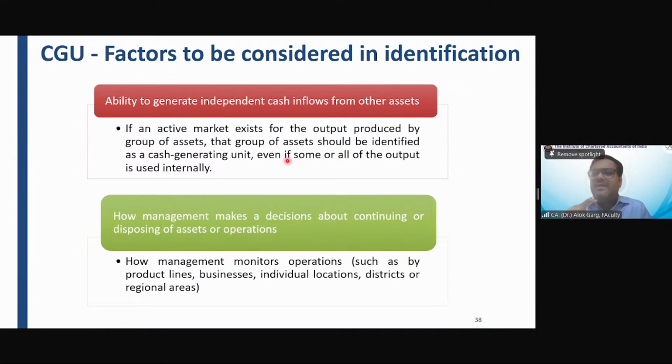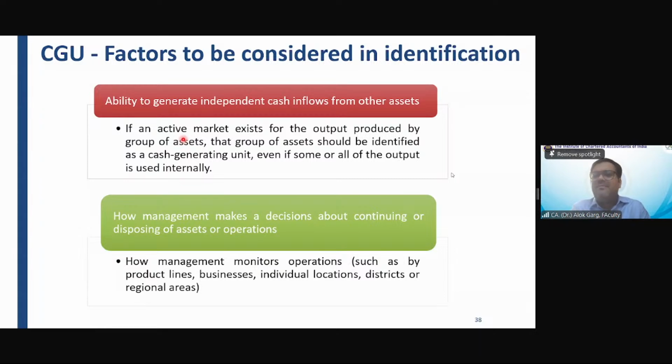While this company is not selling that semi-finished output in the market, this company is using it internally for manufacturing the final finished output. But whatever output is produced by this machine is also sellable in the market. My question is whether the recoverable value can be determined for machine A and machine B. Answer is yes.